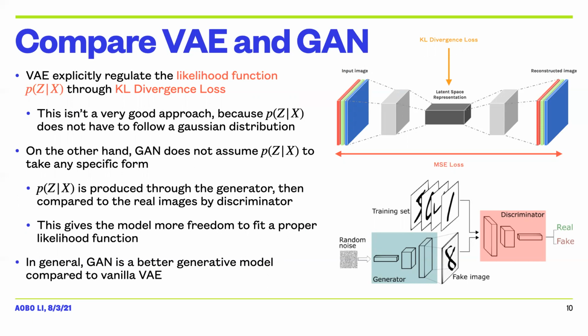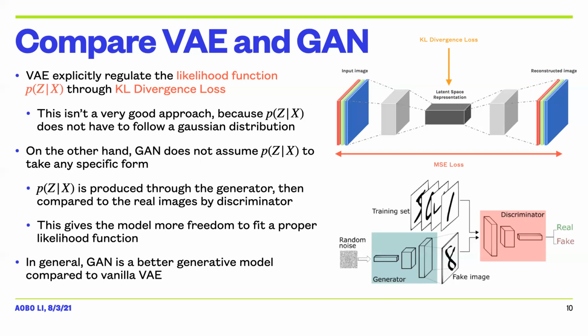So I require the likelihood function to be a multidimensional Gaussian. This actually isn't a very good approach because you never know what the actual likelihood function is supposed to look like. It may never be able to be transformed from a multidimensional Gaussian to the actual likelihood function.